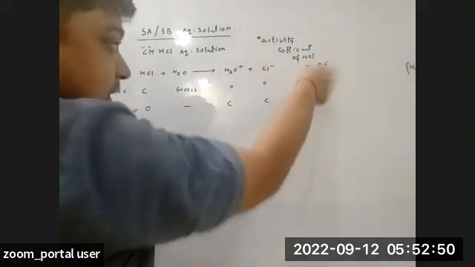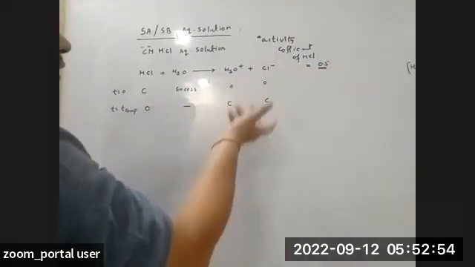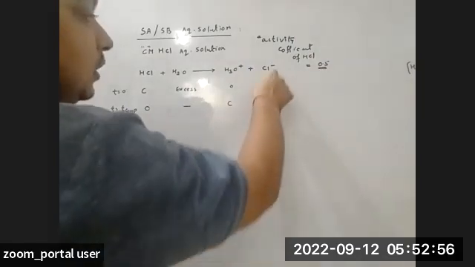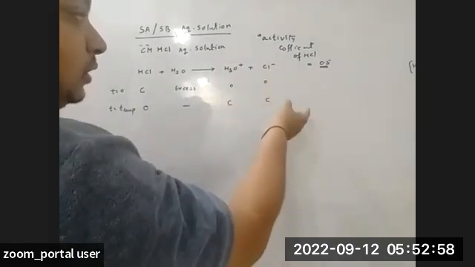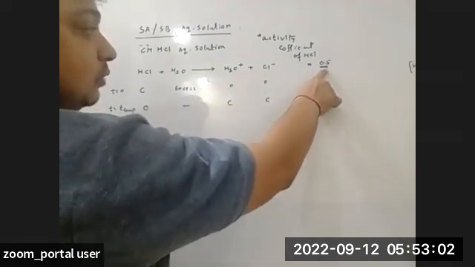So if activity coefficient is given, it will be multiplied, so basically H plus will be 0.5 into C, and Cl minus will be 0.5 into C. But if in the problem it is not given, then we will always assume 1.